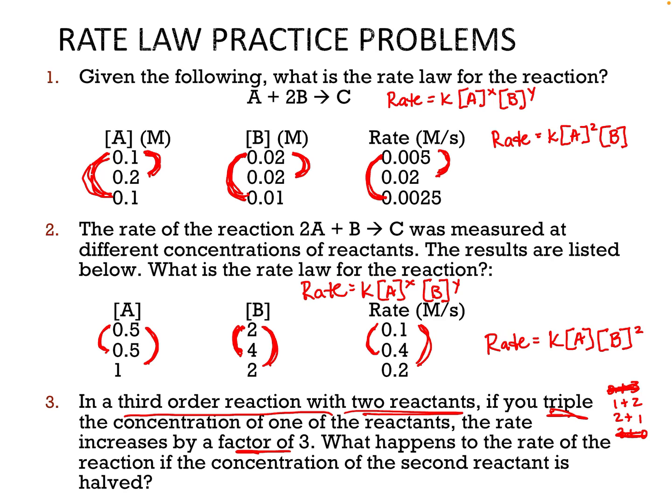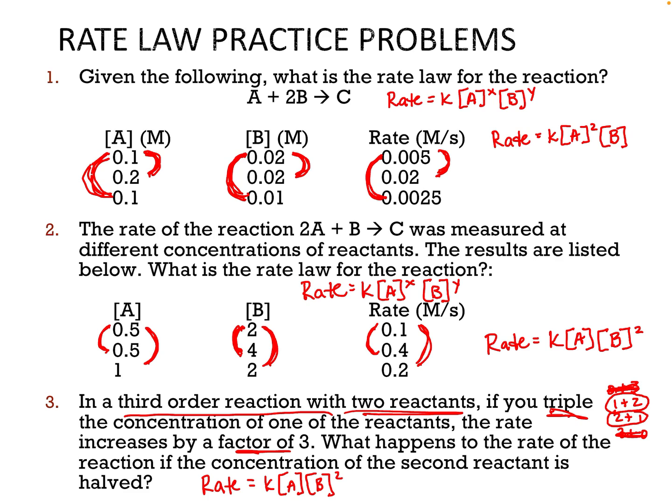Okay, so one of them is first order, and as you can see, that means the other one is second order. So it doesn't matter which way you want to look at it. If one of them's first order, the other one's got to be second order. So it says what happens to the rate if the concentration of the second reactant, the one that's second order, is halved. So we can think about it this way. Rate is equal to K, and we know that one of them is first order and the other one is second order.